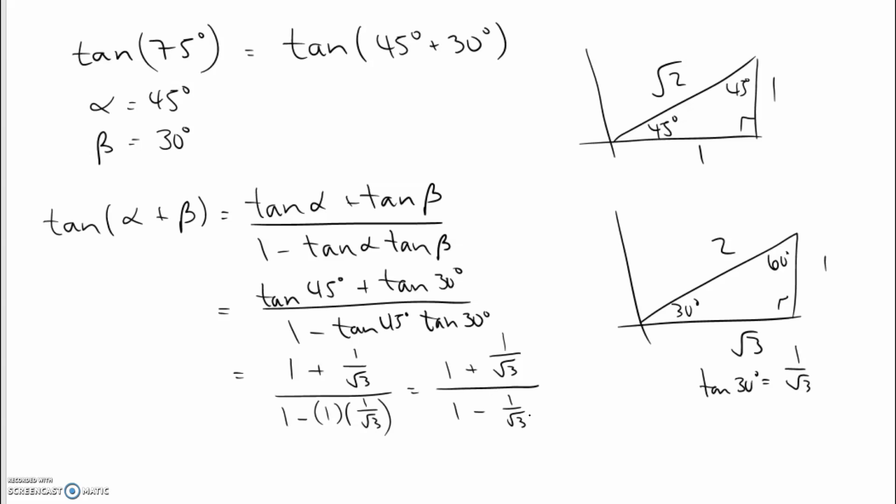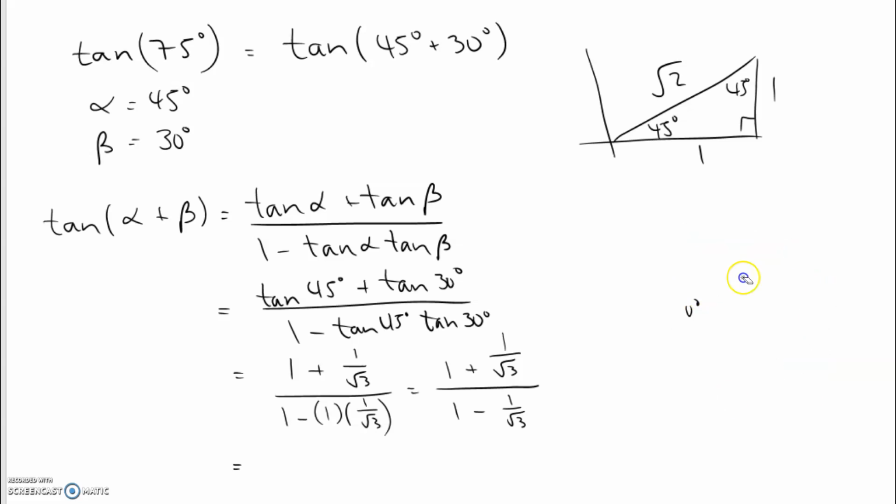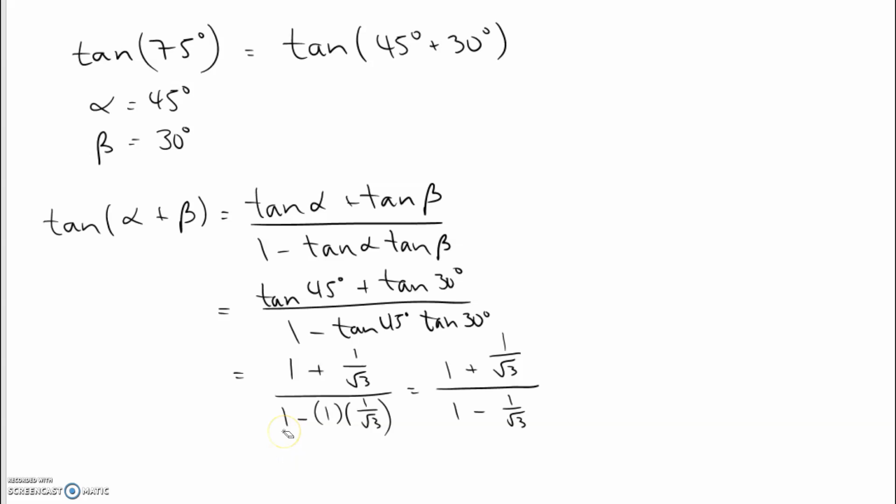Which we can go ahead and rationalize. Actually, let me erase these and get a little bit more room. Okay, so that's going to be 1 plus square root of 3 over 3, over 1 minus the square root of 3 over 3.